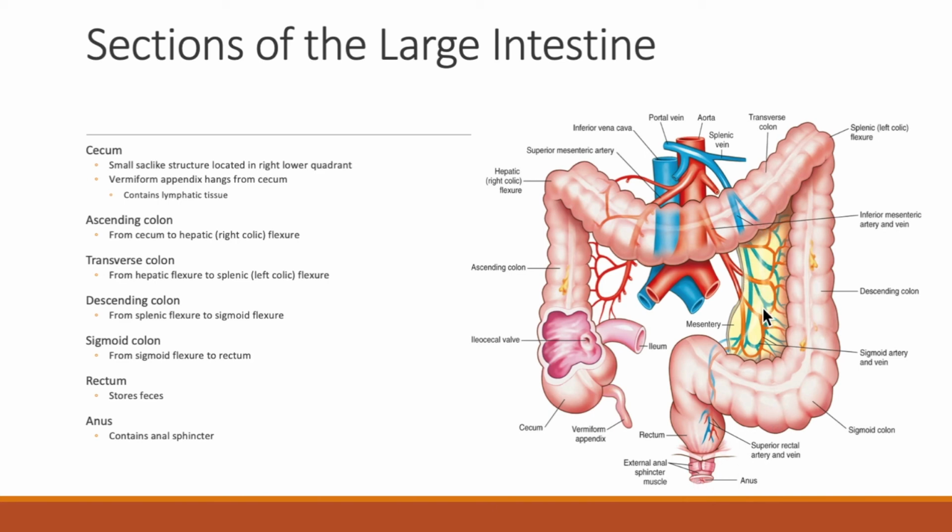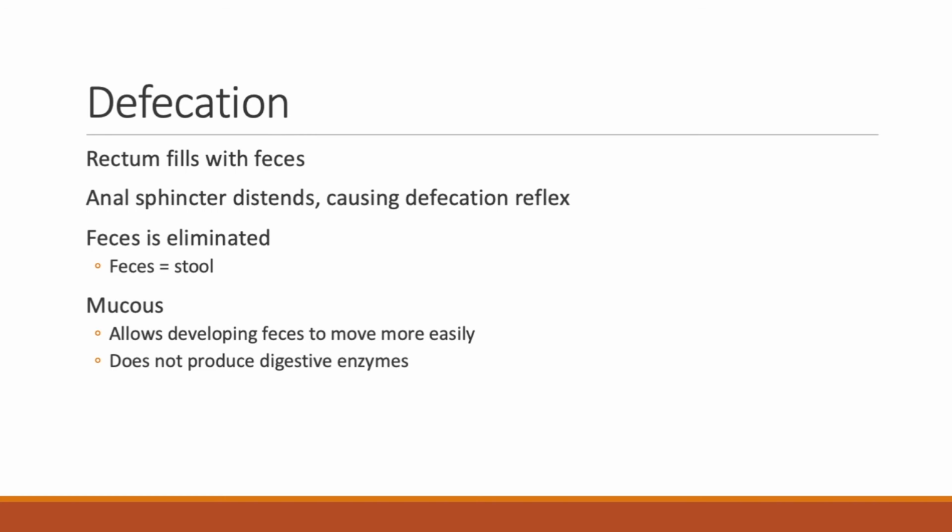This tissue here that has the arteries and veins and a lot of lymph nodes, the tissue that holds all of that, is called the flora. I'll have you watch some videos about it. It's pretty amazing. Okay, so defecation: the rectum fills with feces.